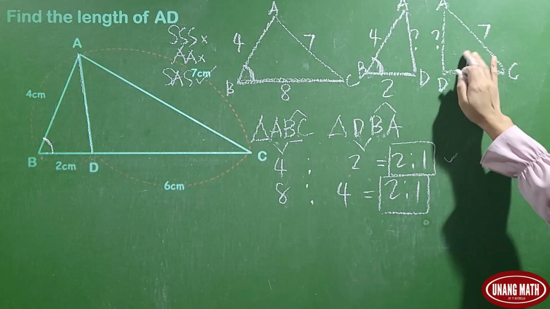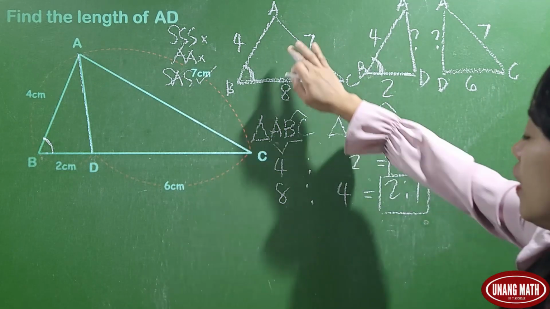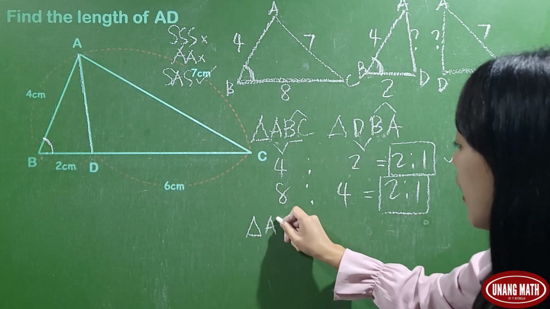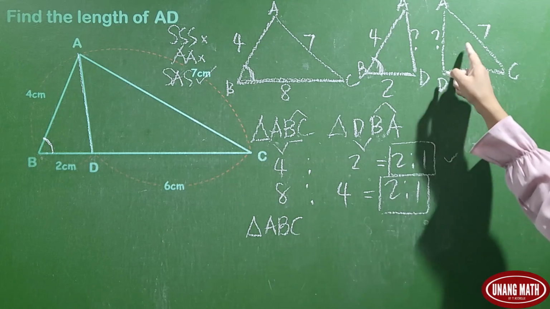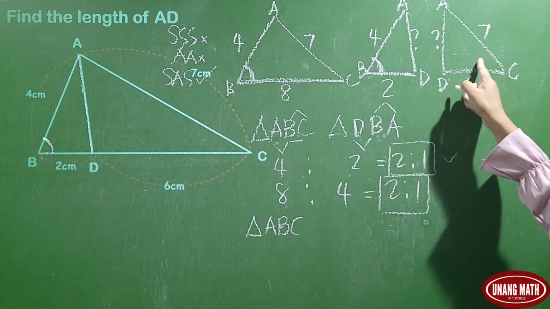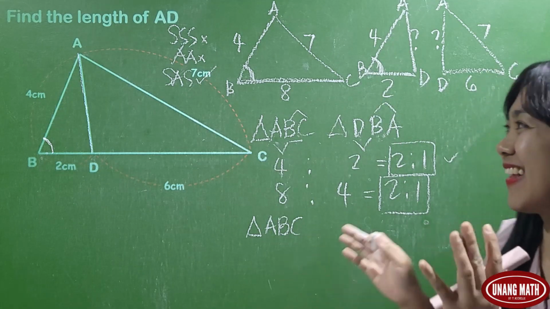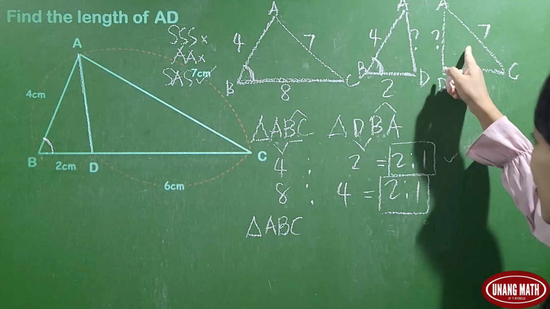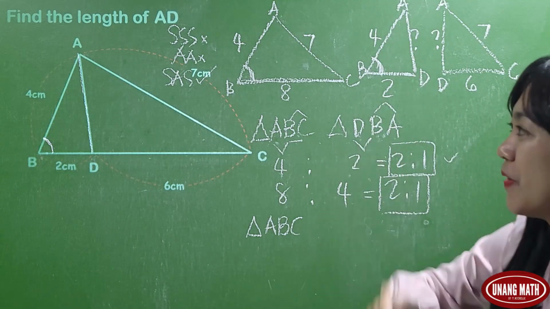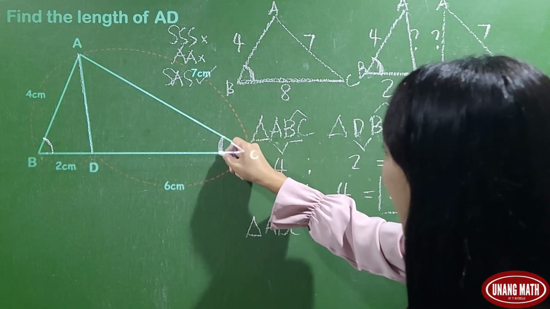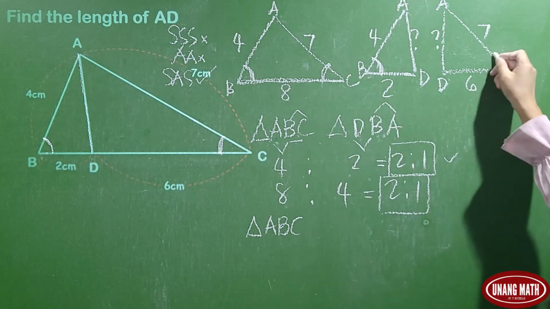Okay, how about this triangle and this triangle? So we have here triangle ABC, and if we're going to name this triangle, we have to consider the corresponding points, sides, and angles. This triangle and this triangle have a common angle, and that is this angle.